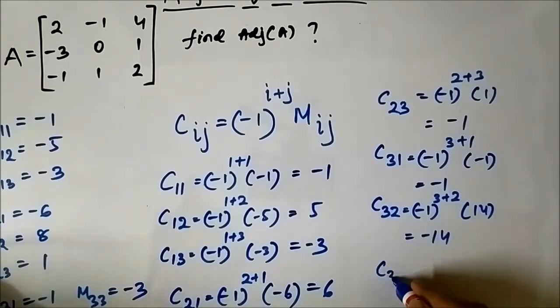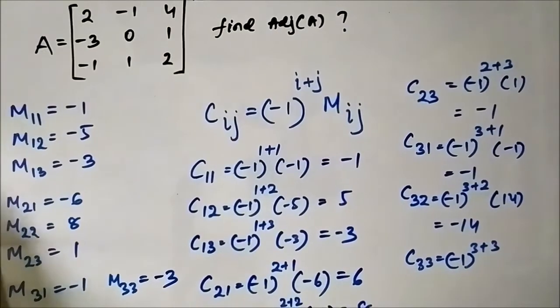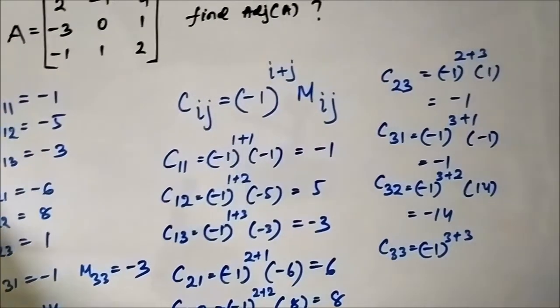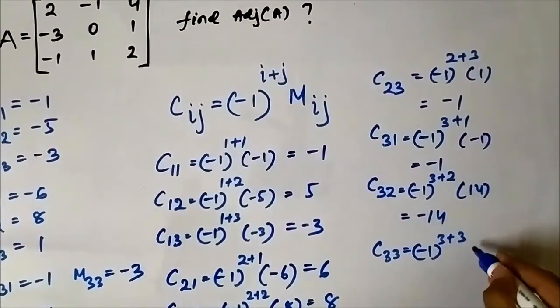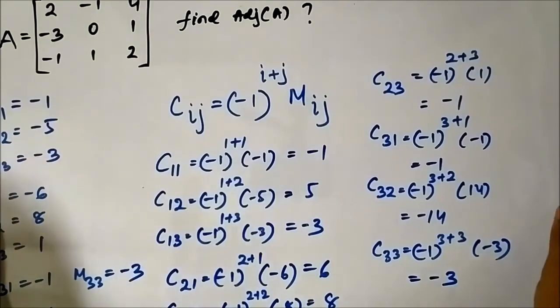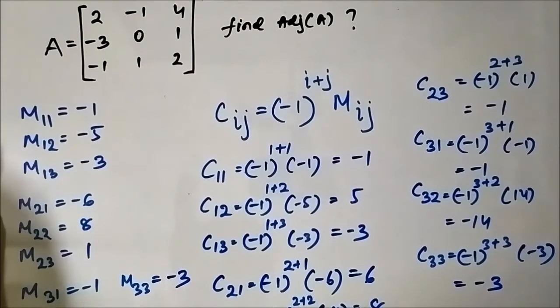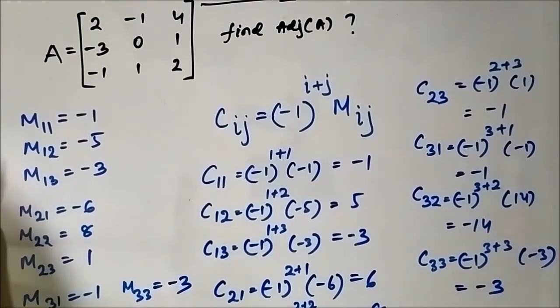And finally, the last cofactor element C33, minus 1 to the power 3 plus 3 into M33. M33 is minus 3, so it is 1 into minus 3, which is minus 3. So we have determined all the cofactor elements. Now all you have to do is take its transpose and we'll get the adjoint matrix.